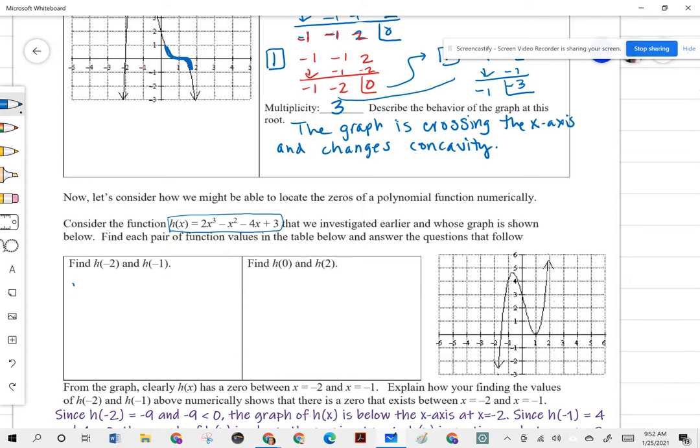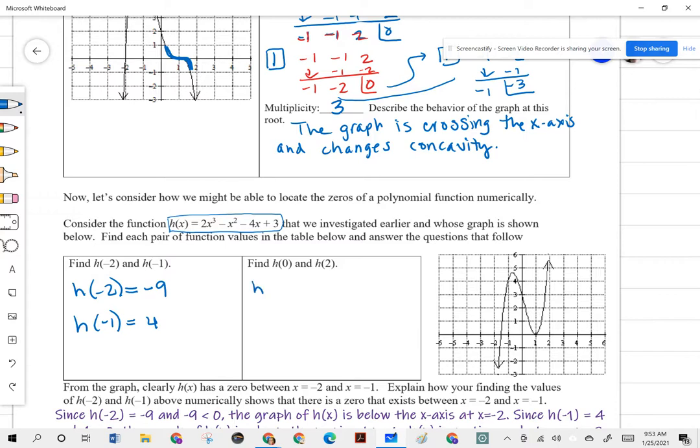So what I need you to do is actually calculate h of -2, like plug in h of -2 and evaluate that. You can use a calculator, but if you were to evaluate that, you're going to get a -9. And then h of -1, if you were to plug that in, I believe you're going to get 4.